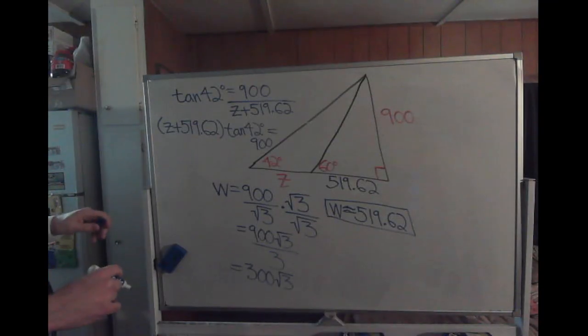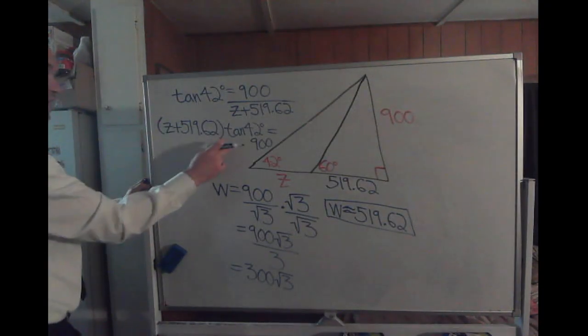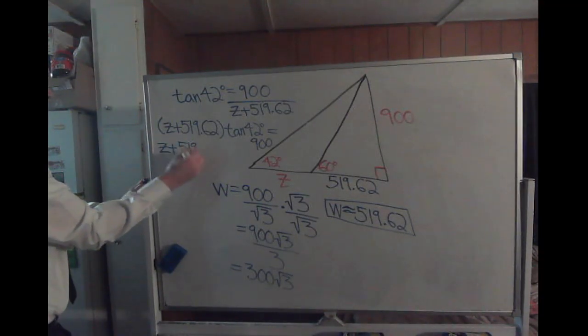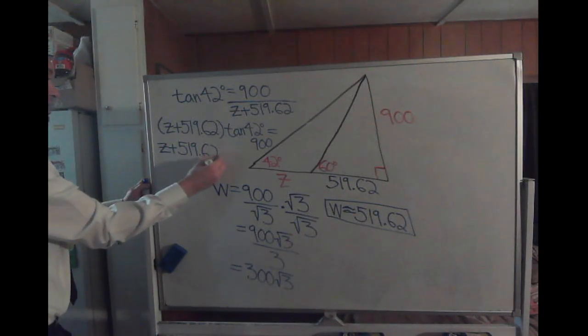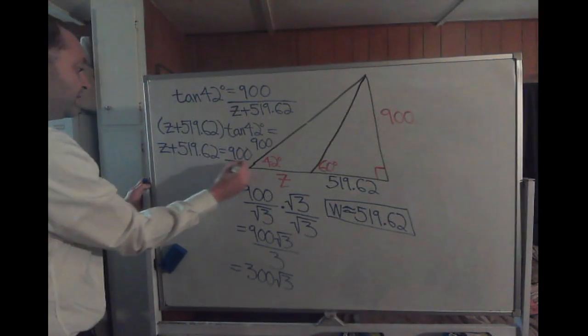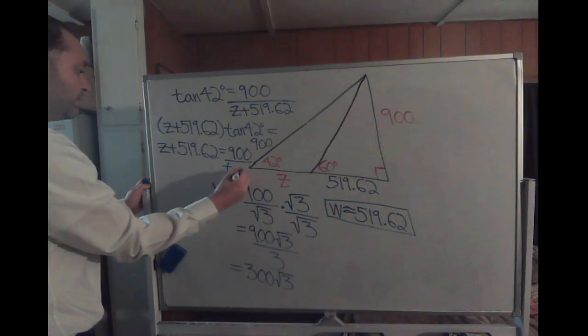Well, here's where it gets tricky. Let's start with dividing both sides by the tangent of 42. You get Z plus 519.62 equal to 900 divided by the tangent of 42.